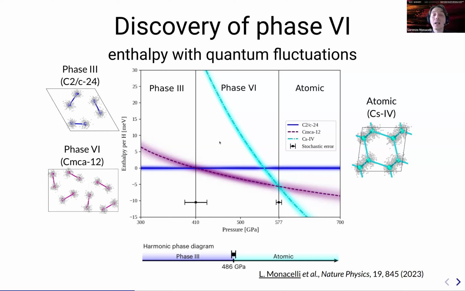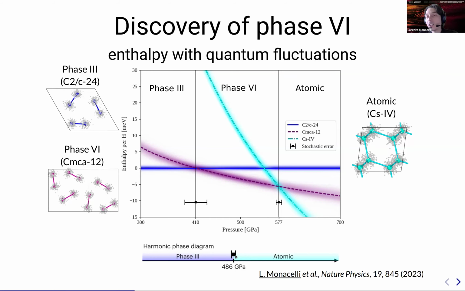One thing to notice is that if we simulate the ions using the harmonic technique, so we just take the harmonic zero-point energy, we end up with something which is completely wrong in the phase diagram. We end up with phase 3 that directly transits into the atomic phase. It depends a bit on the error, because this transition happens very close to where phase 6 is.